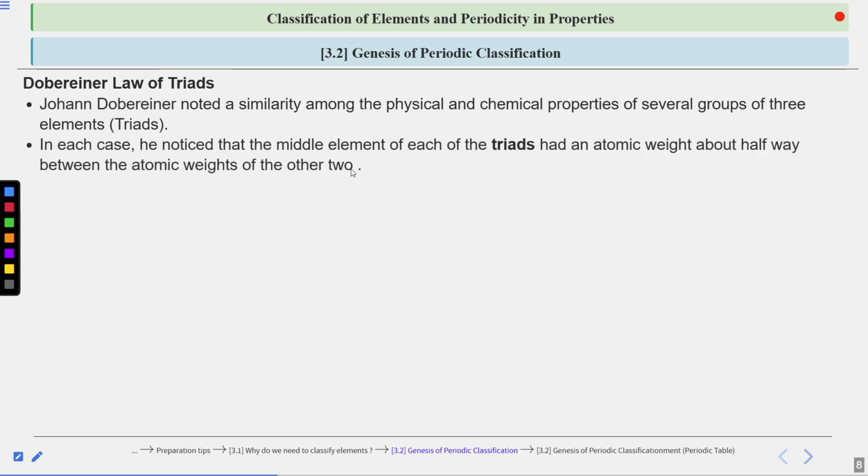In doing so, he saw that the middle element of that triad has an atomic weight equal to the average atomic mass of the elements present on either side of the middle element.